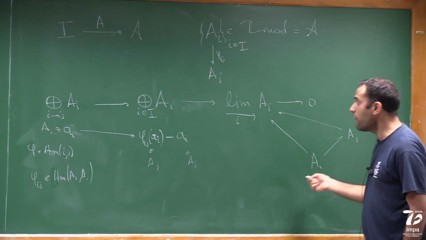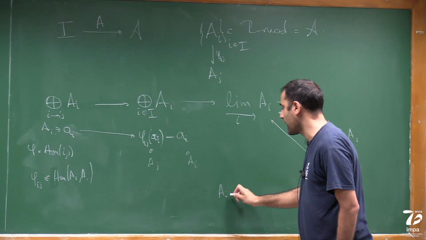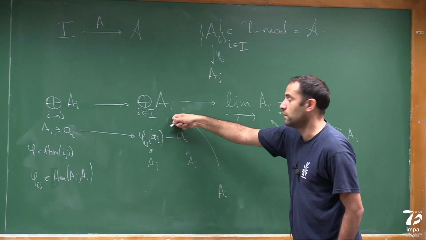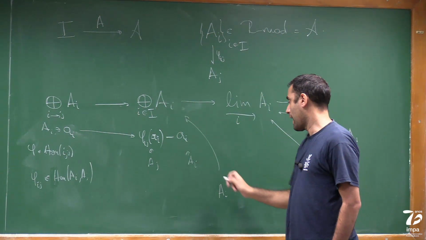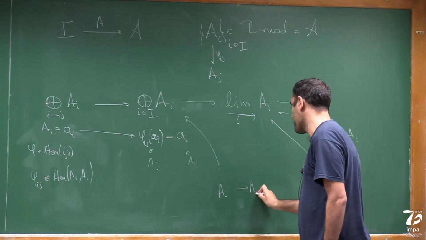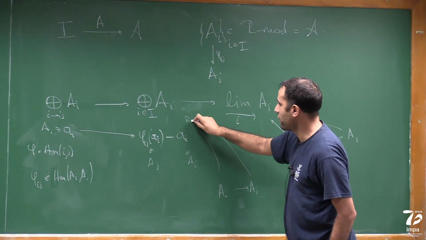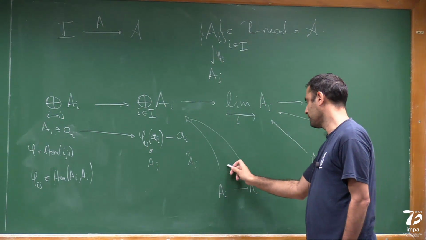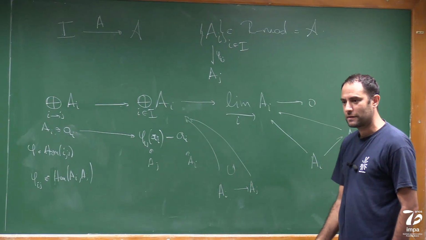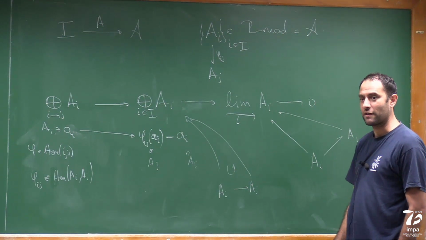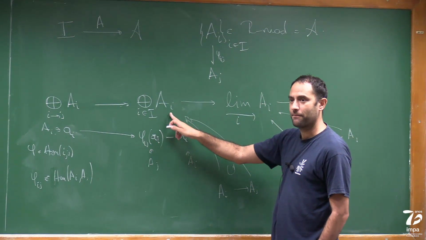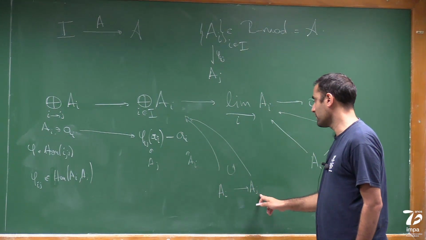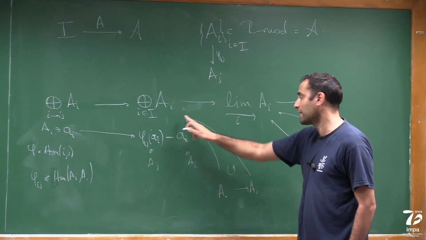What is obvious is that for every object i I have an arrow here, which is just the inclusion of this in the ith summand, and this commutes with the arrows for every object j. Well, this commutative diagram certainly fails. If I grab an element from i here and view it in this sum, and I have an element from j here and view it in this sum, certainly they are different.